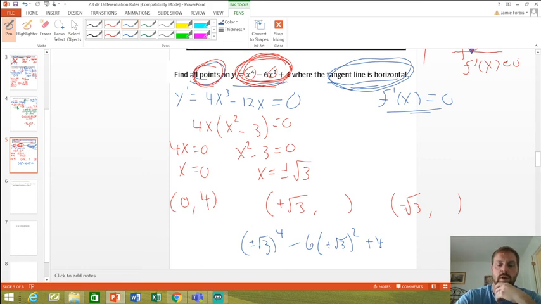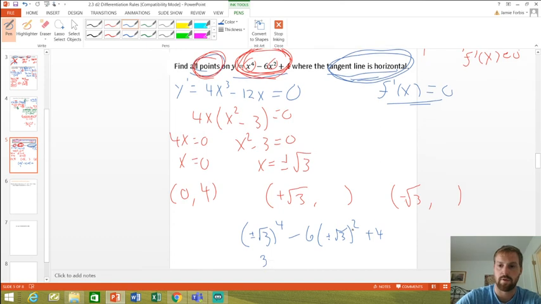Let's see here. Let me scroll down a little bit. I'm trying to fit it all in here. Hopefully it's not being taken up by my picture. But anyway, it's going to be 3 to the 4/2 power because we're taking the square root and squaring it.